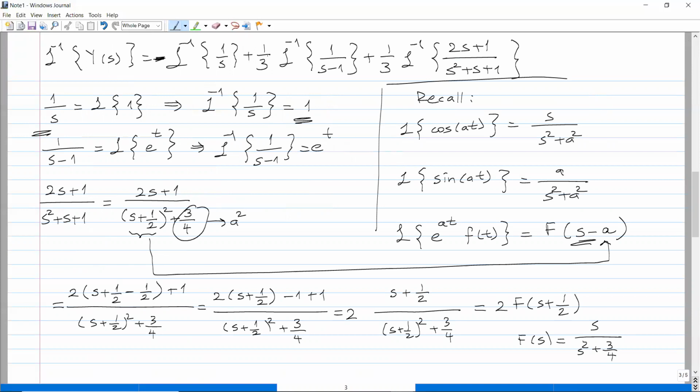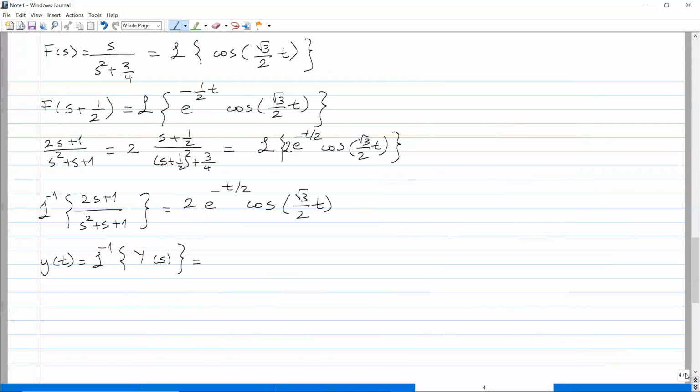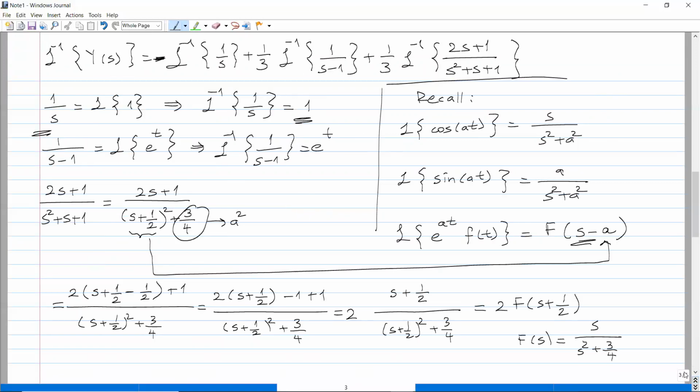And then plus 1/3 times the inverse Laplace of 1 over s minus 1, which is e to the t.